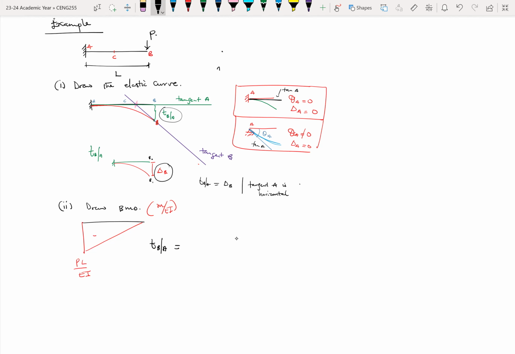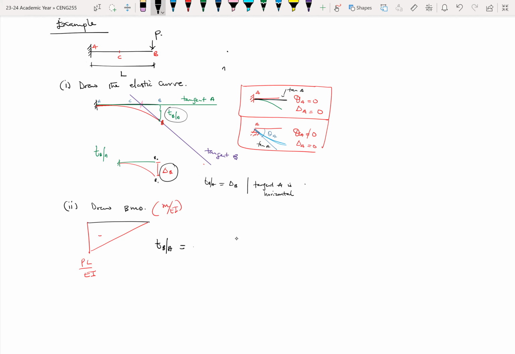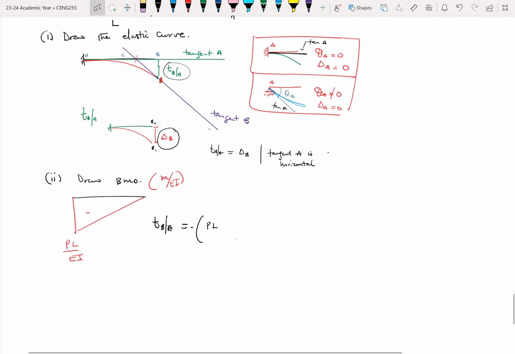So we find the area first. So the area will be minus PL, let me make it bigger so we can all see, PL over 2EI times L. So this becomes the area, half base times height.